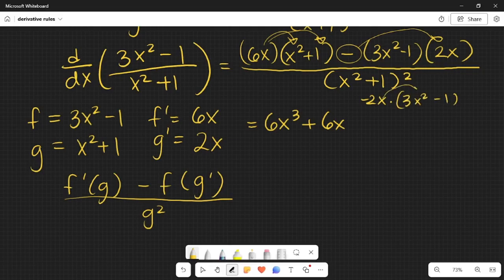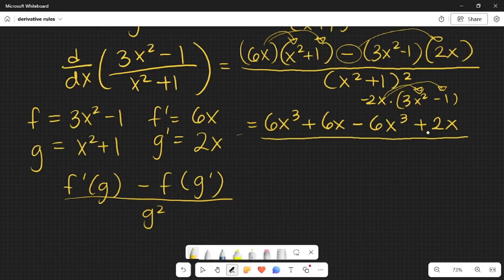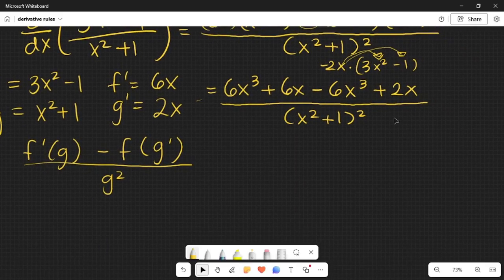So it would be negative 6x cubed. And then we're going to distribute it again. Since negative times negative is positive, it will be positive 2x. And then we're going to go to the denominator and just copy, since there's nothing we can do about it since it's fully simplified.